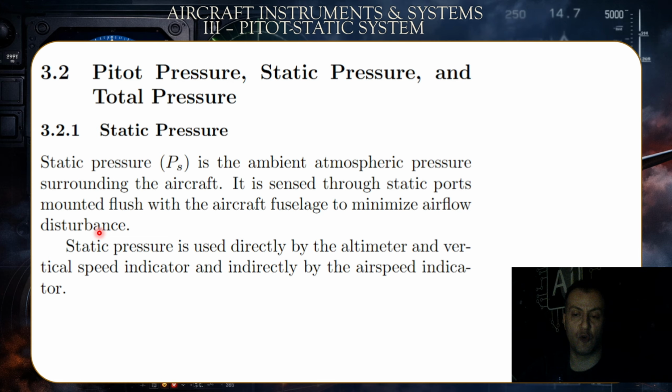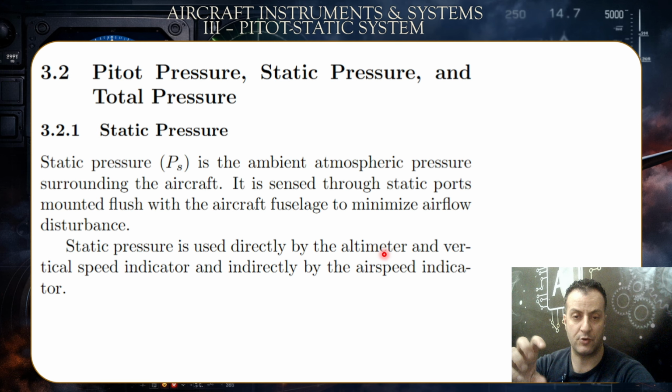Now, static pressure is used directly by the altimeter and vertical speed indicator, and indirectly by the airspeed indicator. So static pressure is used by the altimeter to measure the difference between the ambient pressure and the locked pressure of the air that is sealed within the diaphragm, this compartment.